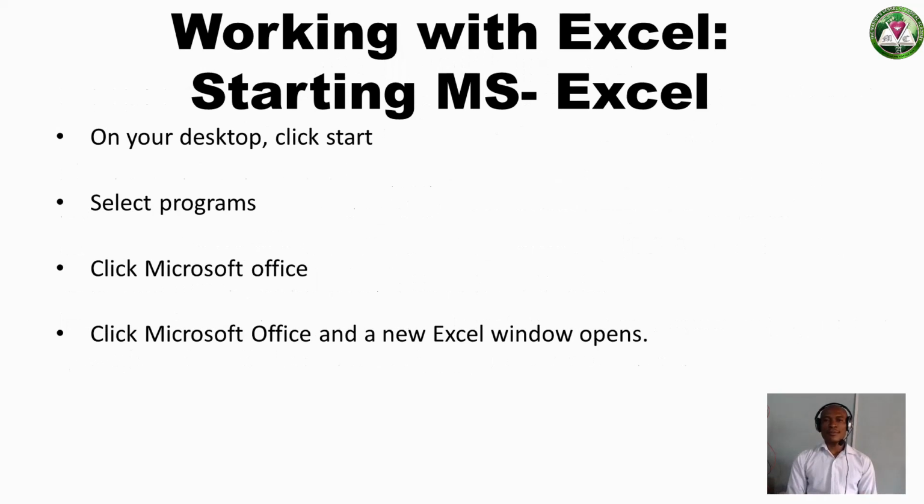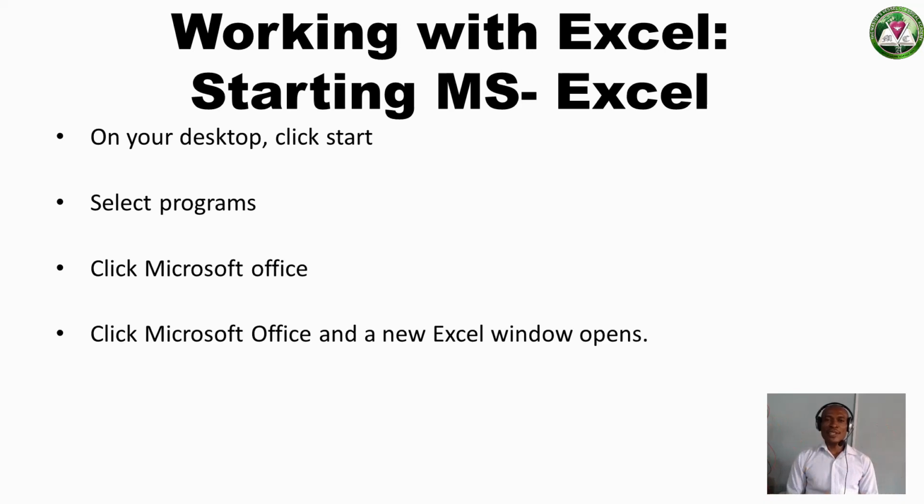Okay? In order to work with Microsoft Excel in your computer, while your computer is already switched on your desktop, I don't want to start talking about how to boot your computer because we've done that, so you already know it. On your desktop, you click on the Start button.